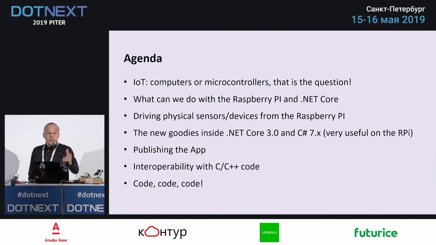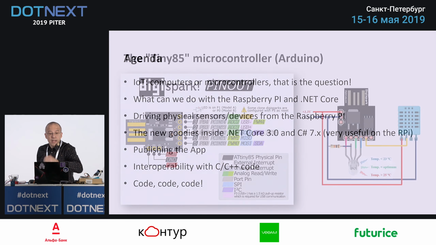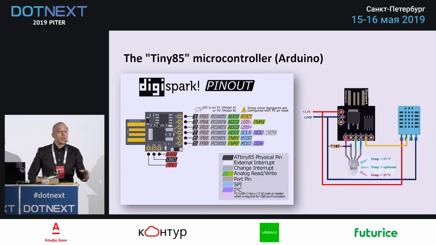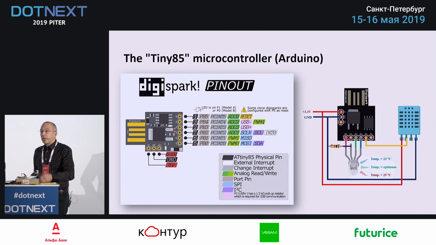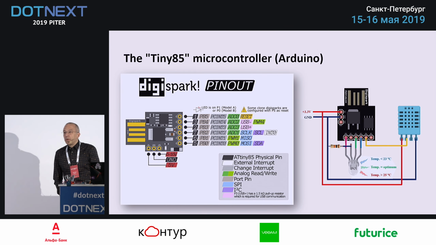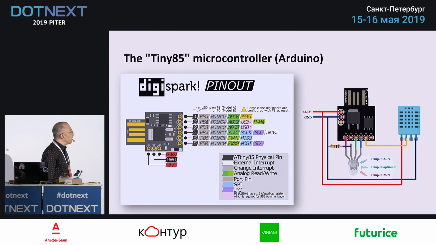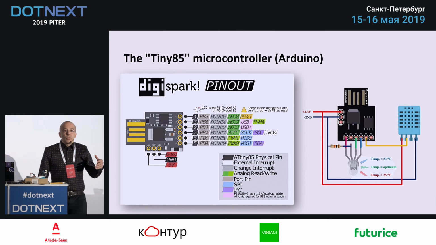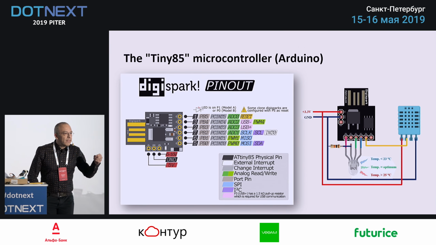And of course, code. So let's start. The first thing that I want to show, I have the actual device, by the way. So later on in the discussion zone, if you want to see these things, we can take a closer look. This is a very small device, which, by the way, is super powerful, even if it's so tiny.